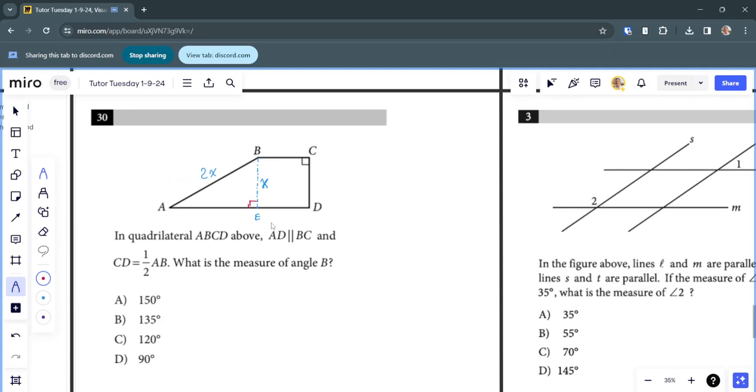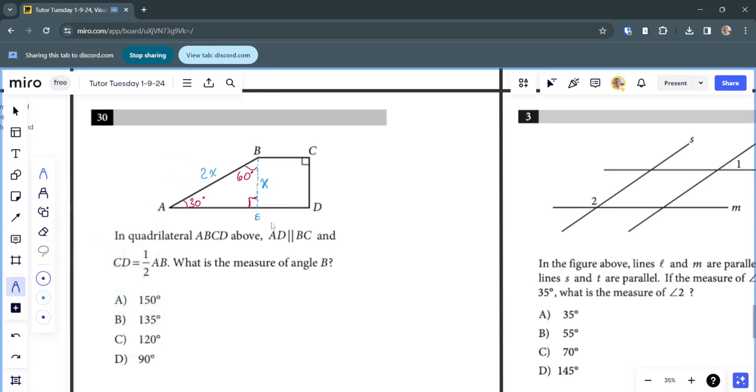We know that this is 90 degrees because we draw a perpendicular line straight down. We know that this is 30 degrees and this is 60 degrees because 30, 60, 90 triangles always have a short leg of x and a hypotenuse of 2x.